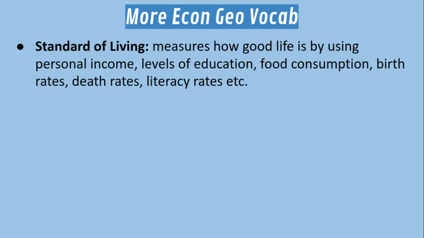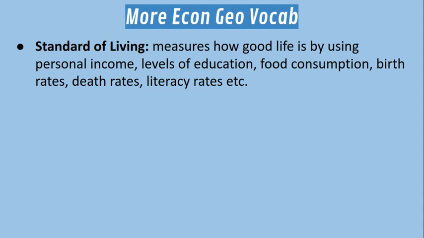Standard of living measures how good life is. So it uses things like personal income, levels of education, food consumption, birth rates, death rates, literacy rates. A lot of times you can think of standard of living also in terms of material wealth.